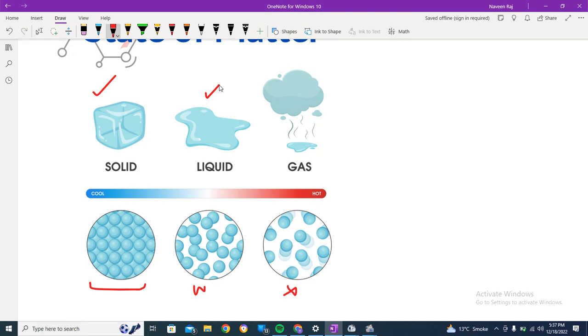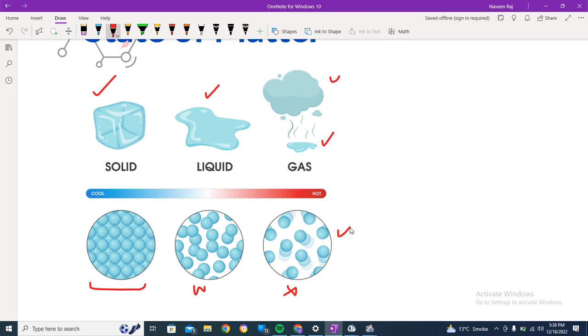This shows that the molecules are closer, but they do not have any specific or tight geometry. While in gases you're going to see some molecules here, some there, and they do not have any sort of interaction or connection. This means the molecular arrangement is far apart, and there is a lack of intermolecular forces or attraction between the atoms of a gas. This is how the liquid differentiates.